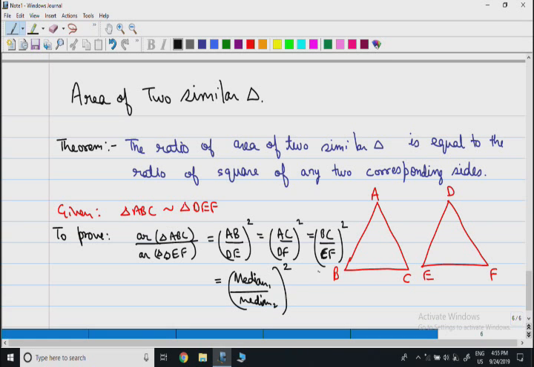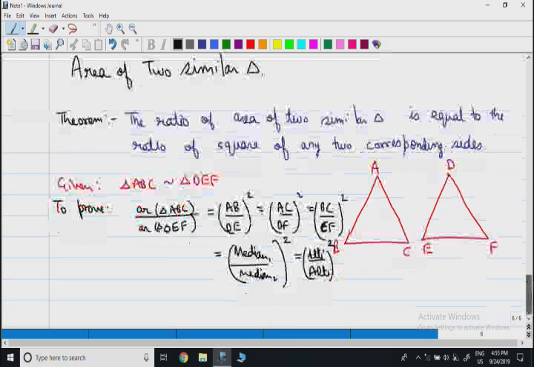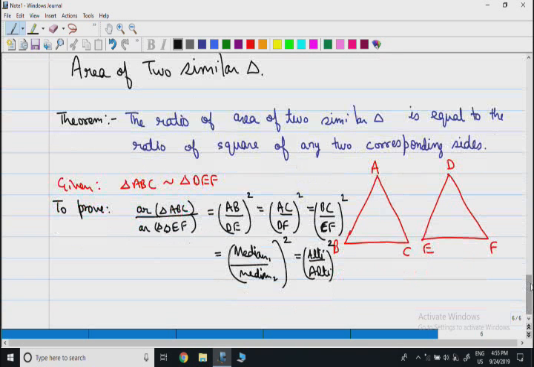Square of the ratio of median, square of the ratio of angle bisector or altitude. So all the things will be equal. So we have to prove this thing. So are you getting it? Like what we have to do in this theorem?